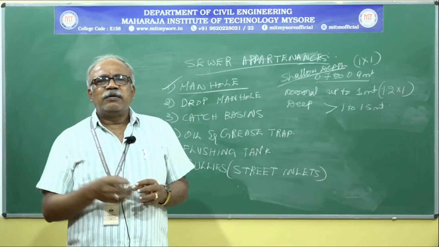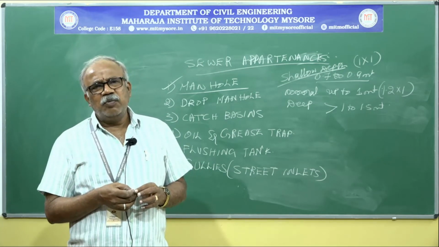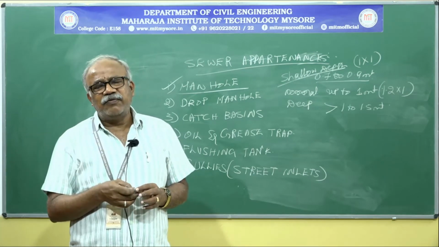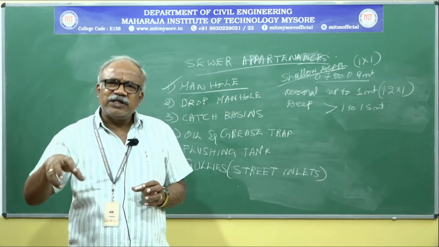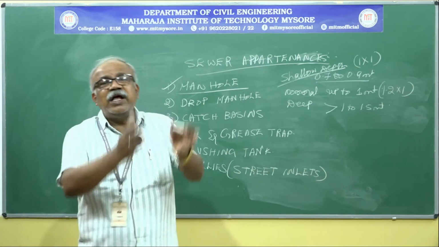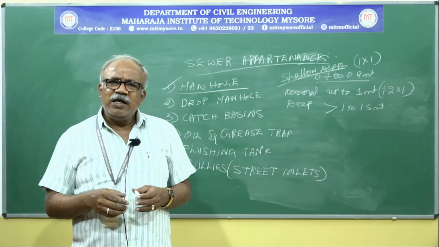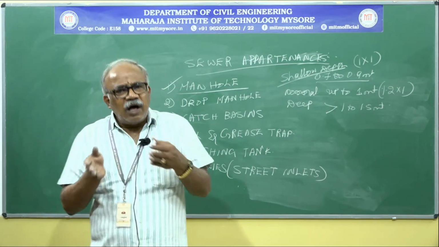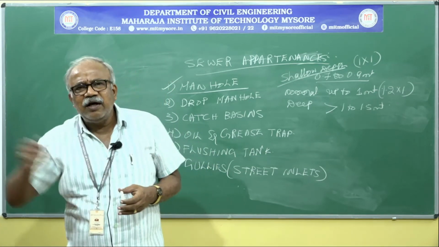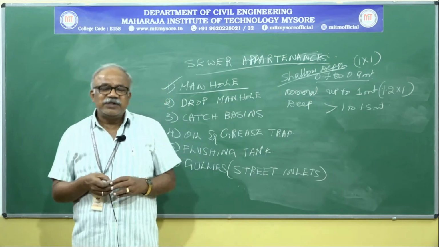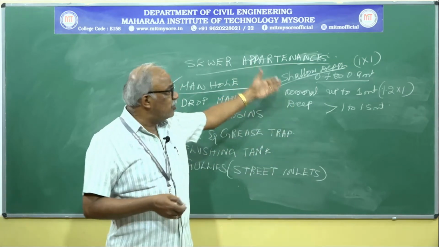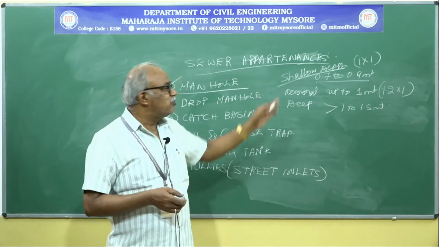At equal intervals they are going to provide them, and exactly where a junction comes, where there is a change in gradient and change in direction of sewers, and sometimes where the size of the conduit is increased to carry the sewage. In that situation, based on the situation, these three types of manholes will be provided.